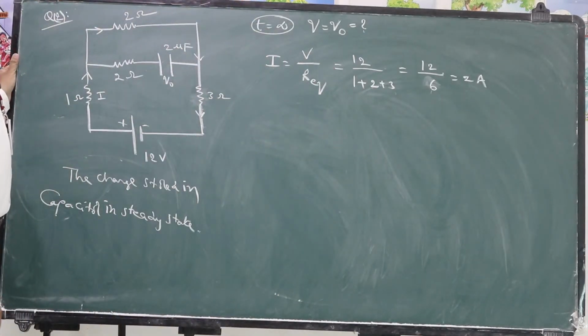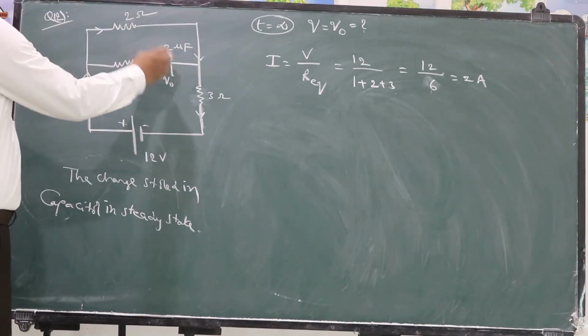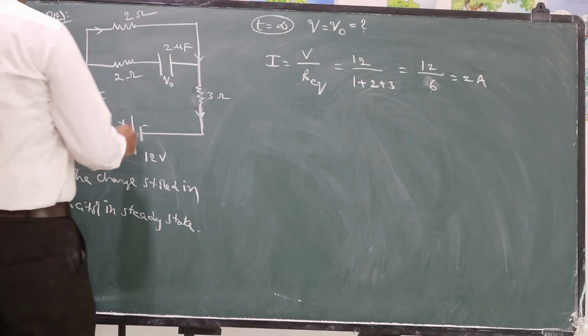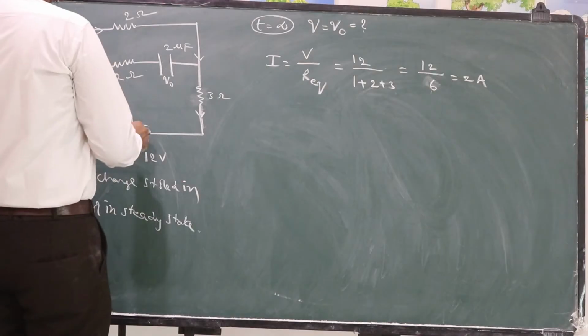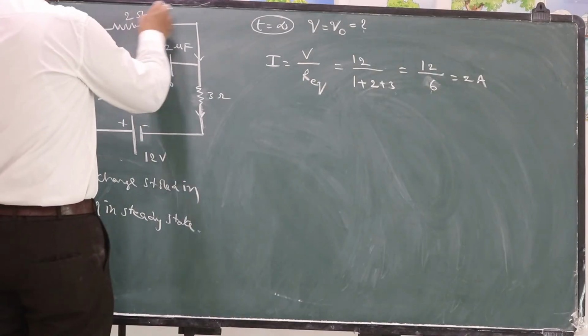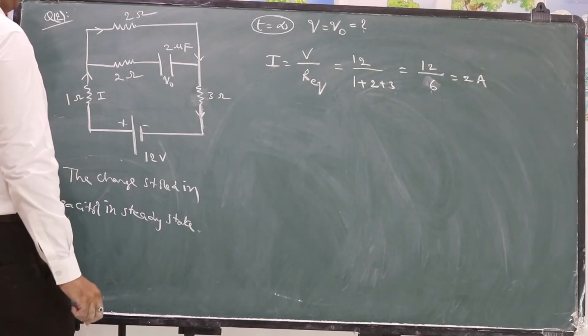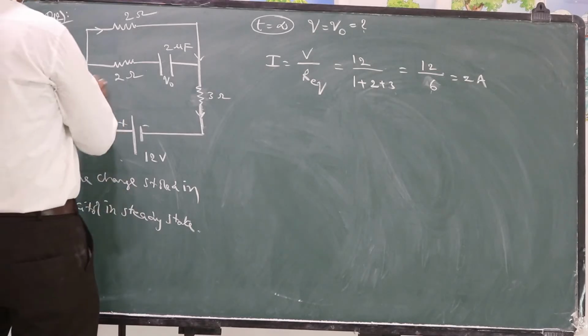But you are asked to find what is the charge stored in the capacitor. If you consider the 3 resistors in series combination, there is some potential difference at each resistor.